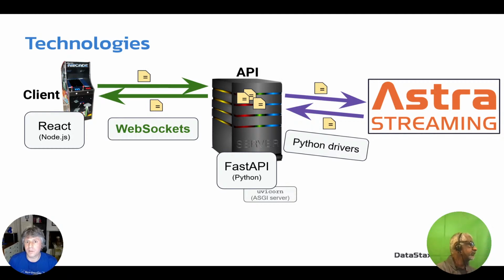And they allow servers also to initiate data push over a connection that is kept open for a long time. So this is all cool, and this is exactly what we need. So we will have WebSockets between client and API, and Python drivers between API and the streaming topic.